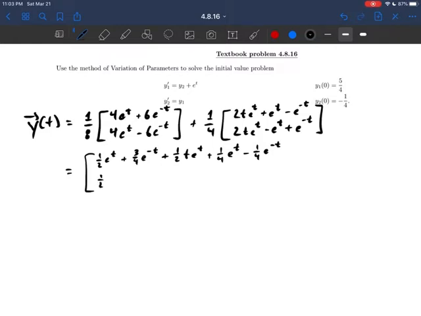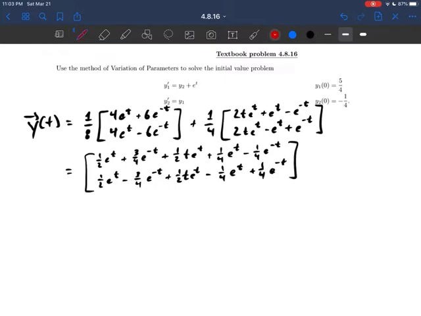In the second row, we get 1/2 e to the t minus 3/4 e to the minus t plus 1/2 t e to the t and minus 1/4 e to the t plus 1/4 e to the minus t.